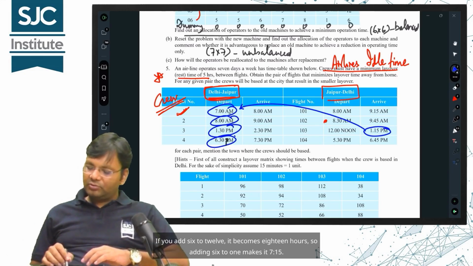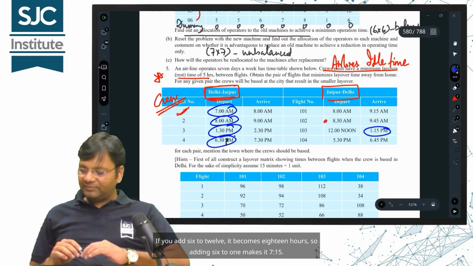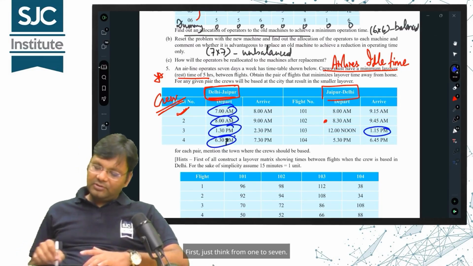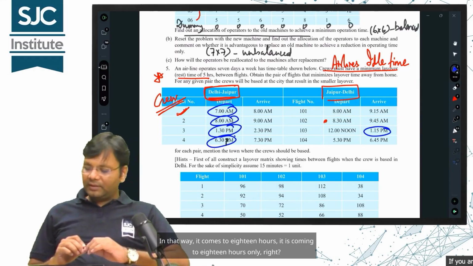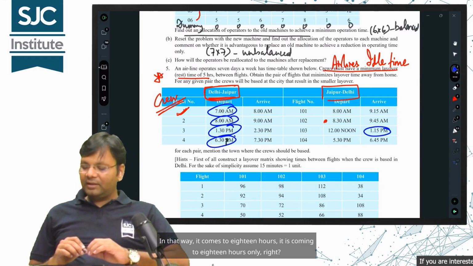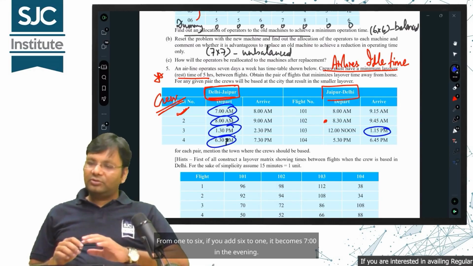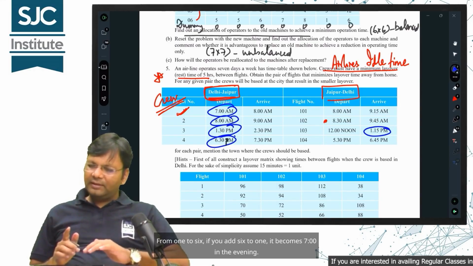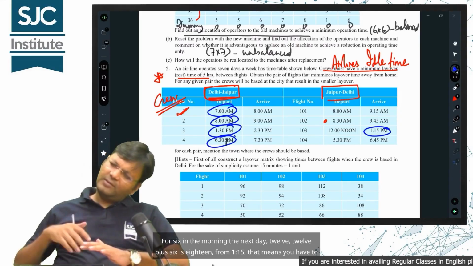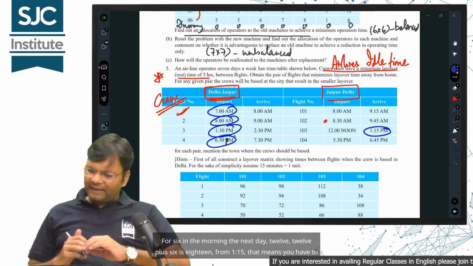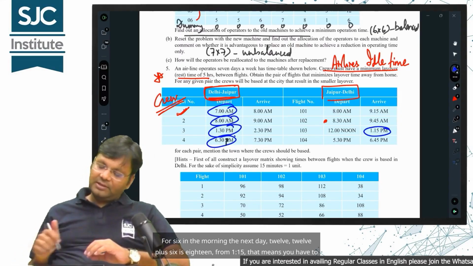If you add 6 to 12, it becomes 18 hours, so adding 6 to 1 makes it 7:15. First, just think from 1 to 7. In that way, it is coming to 18 hours only, right? From 1, if you add 6 to 1, it becomes 7 o'clock in the evening. For 6 in the morning the next day, 12 plus 6 is 18.